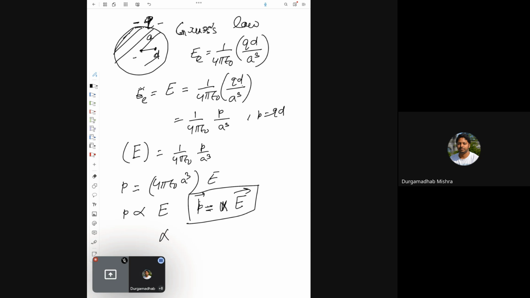Alpha we call the atomic polarizability. This is what an electric field does to an atom: when an electric field is applied to an atom, an induced dipole is formed.